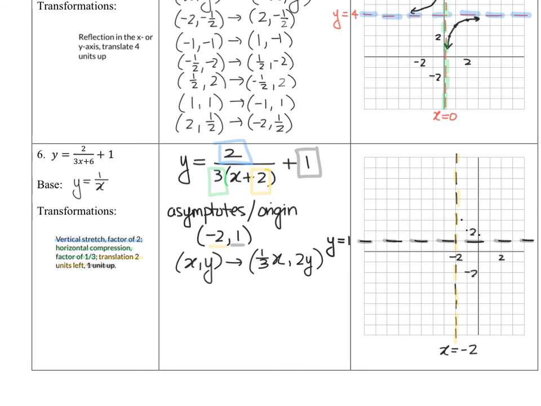And then for the other arm, they would have been at negative 2, negative half, negative 1, negative 1, negative half, negative 2. But because now we have horizontally compressed our function by a factor of 1/3, that means that all of these points have to move in 1/3 of the way. And then this 2 means that all of our y values have to be stretched vertically by a factor of 2.